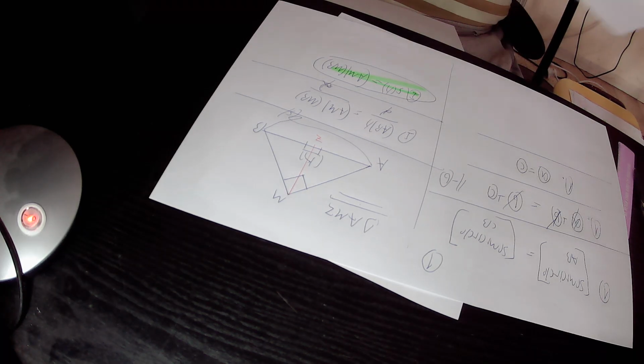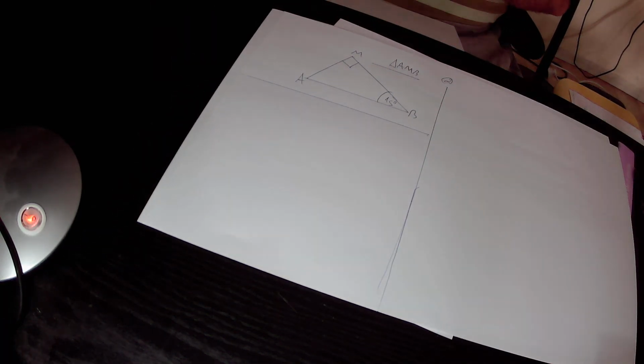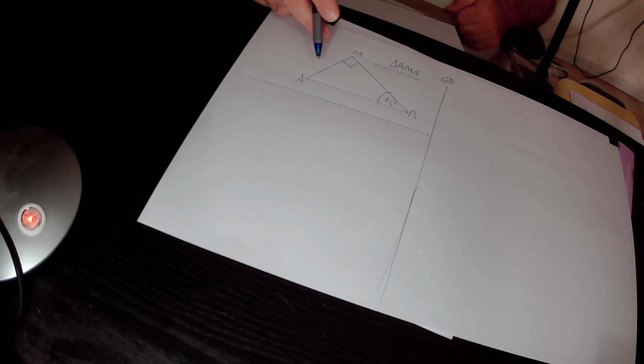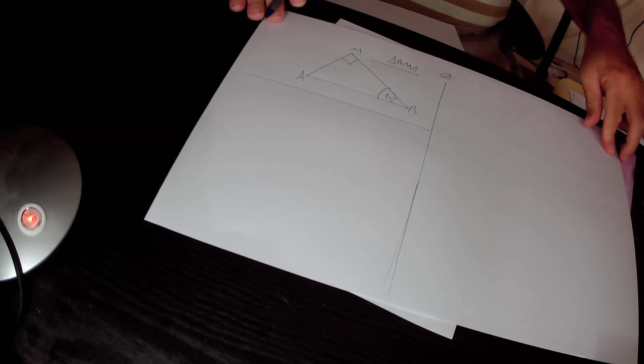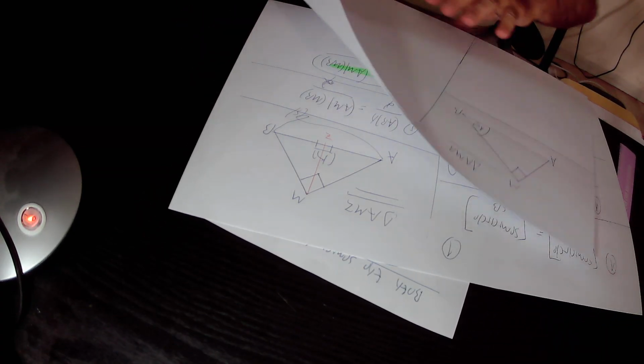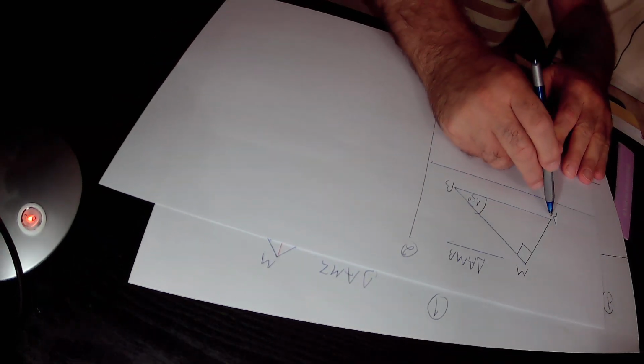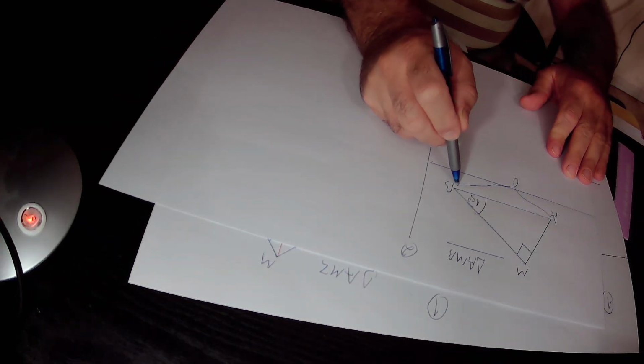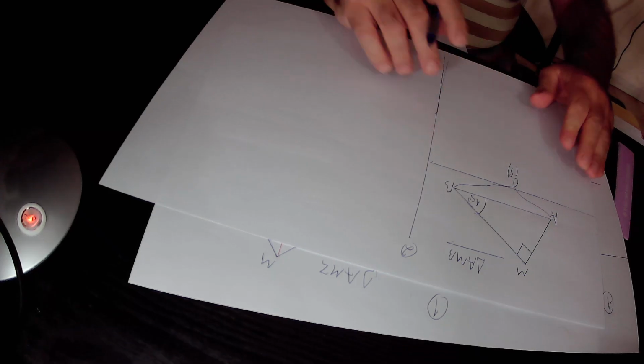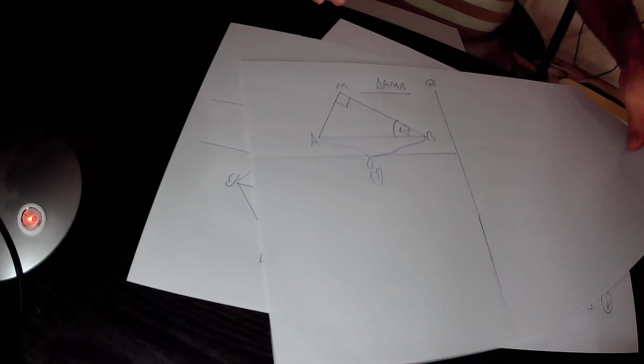So actually, this is the right triangle AMB that is coming from the original drawing. You know that AB equals 5 units in its length.